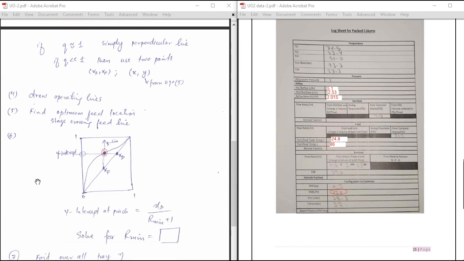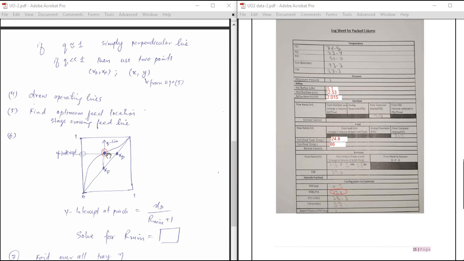Number 6 in this calculation is to find the minimum reflux ratio. We can find the minimum reflux ratio by drawing a line through the pinch point, again in the McCabe-Thiele diagram. So this is the 45 degree line, this is the equilibrium line, and the q line, if it is perpendicular, you can draw a straight line up. Now the intersection of the equilibrium data and the q line is called the pinch point.